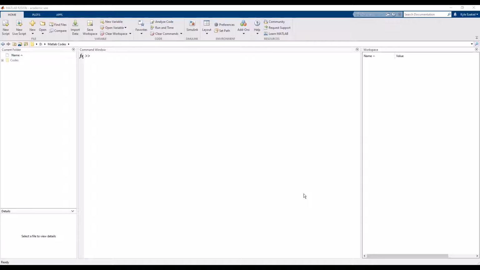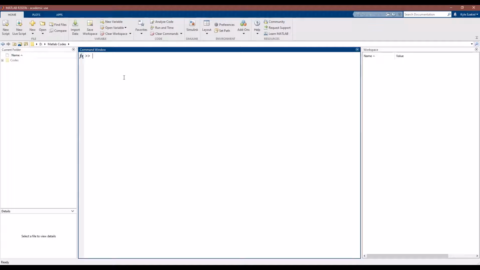After that, we're going to deal with trigonometric functions, and lastly, real and complex numbers. So let's start. Let's first learn how to create a matrix.